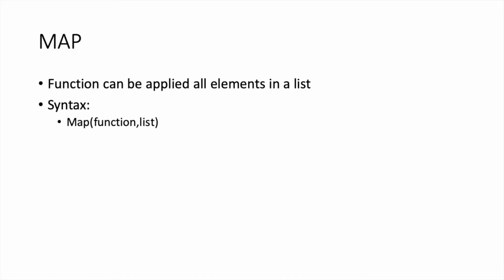So what is that syntax? For this map function, a function can be passed as an argument to another function. The function can be passed as an argument, as functions are first class citizens of Python, meaning everything is considered an object in Python.